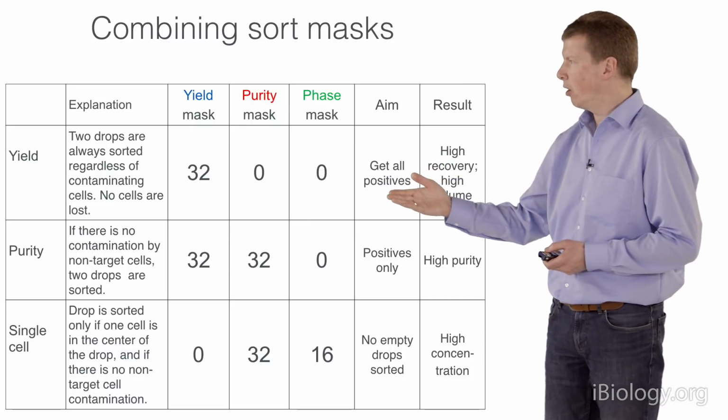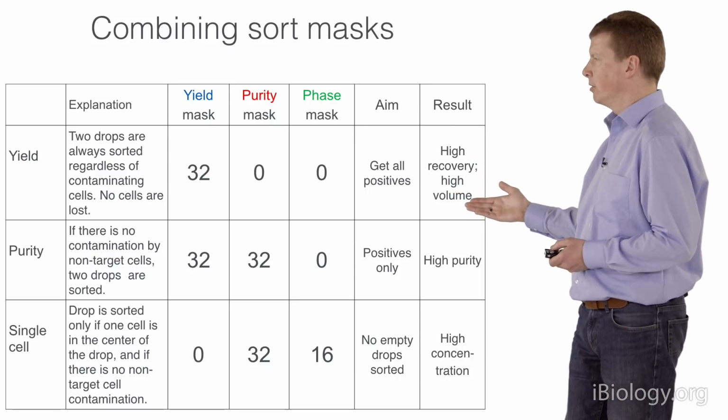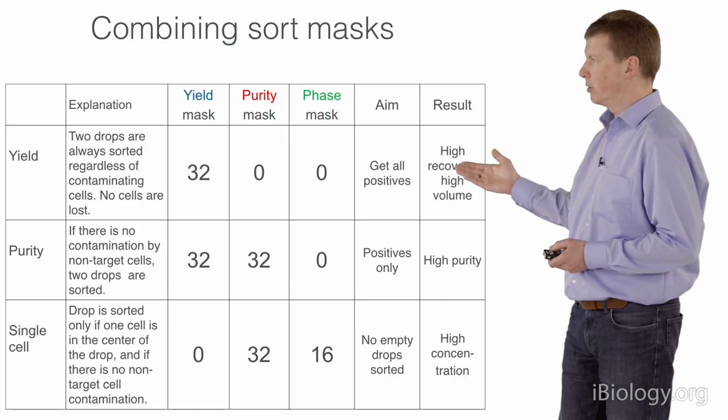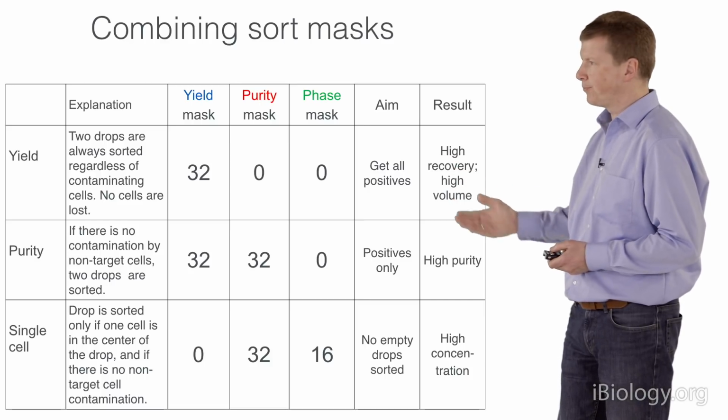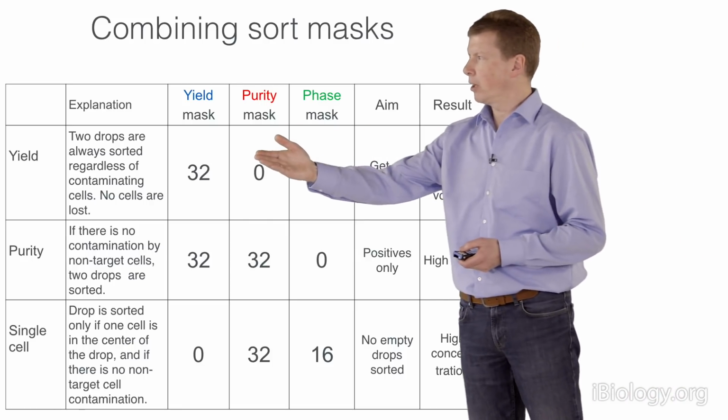So the aim is to get all of our positives, and therefore we are getting a very high recovery. But because we are sorting 2 drops always, we are also getting a higher volume. So in the yield setup, you see we don't care about the purity.